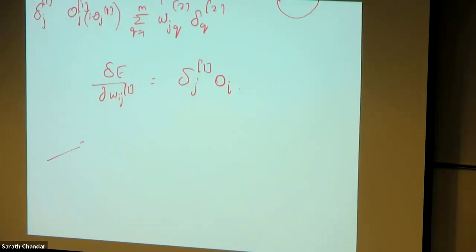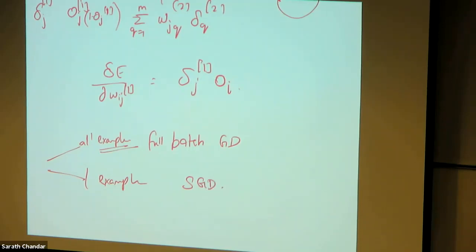If you use all examples to compute the gradient, you're using full batch gradient descent. If you use only one example, then you're using stochastic gradient descent. And if you use, let's say, some k examples, then you're using mini batch gradient descent.